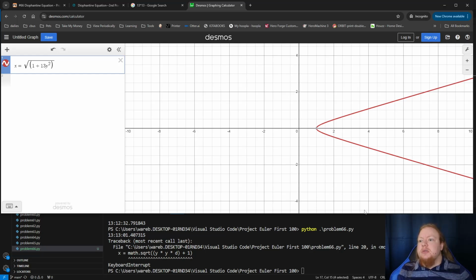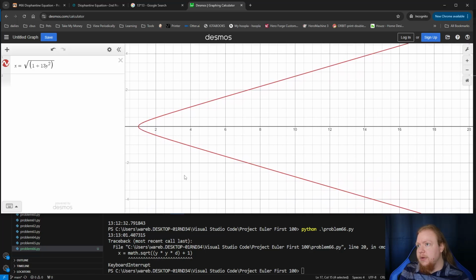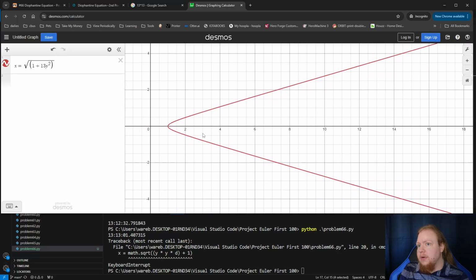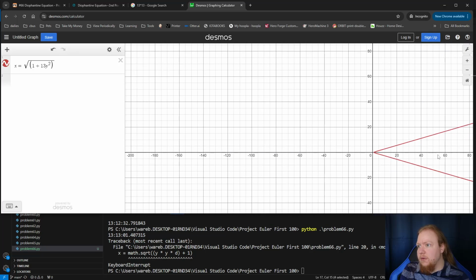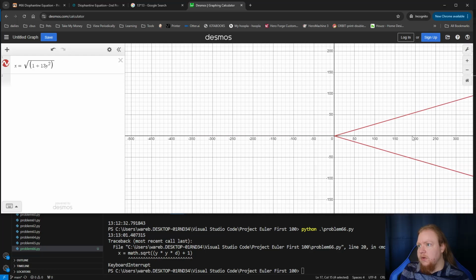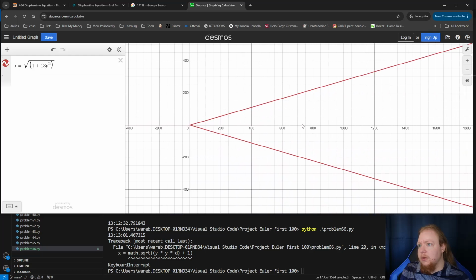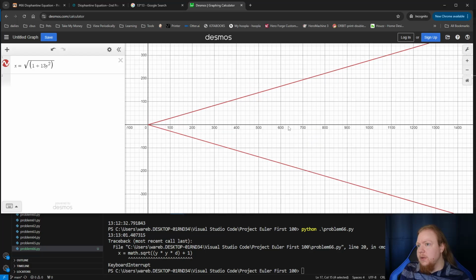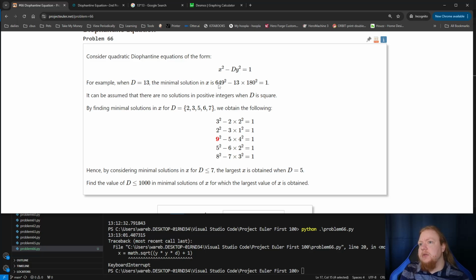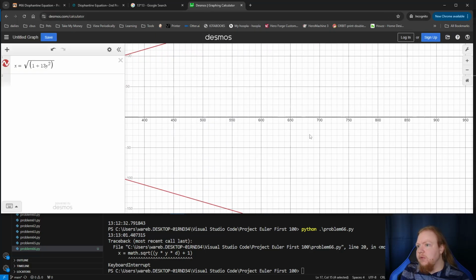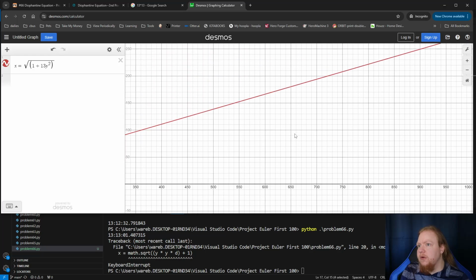X equals the square root. So, real quick. We know that the smallest whole value of x is 649. So we look at this graph.